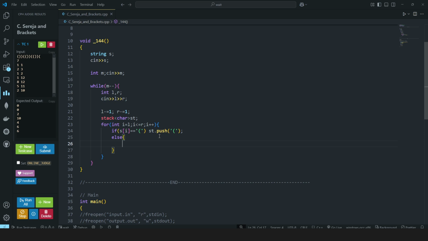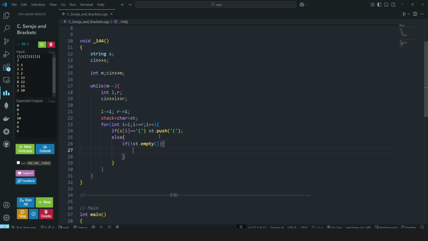We want an opening bracket corresponding to this closing bracket. So we'll check if the stack is empty or not. If it is not empty, it means that an opening bracket is already present at the top of the stack, which is not paired yet with any closing bracket. So this closing bracket can now pair up with this opening bracket, and that's why it will contribute a total of 2 to our result.